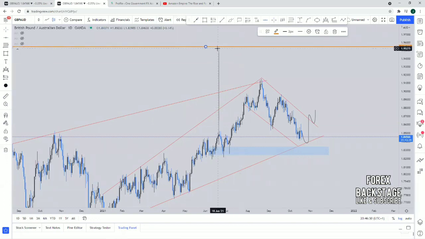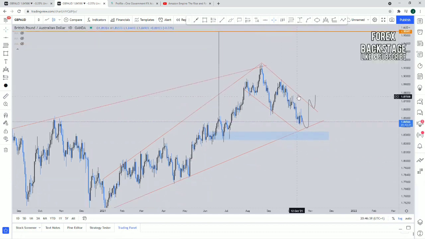That wick would be my target for that bull run. If I see price reject this resistance trend line where I have my trend line drawn, I will look for more short opportunities on GBP AUD.